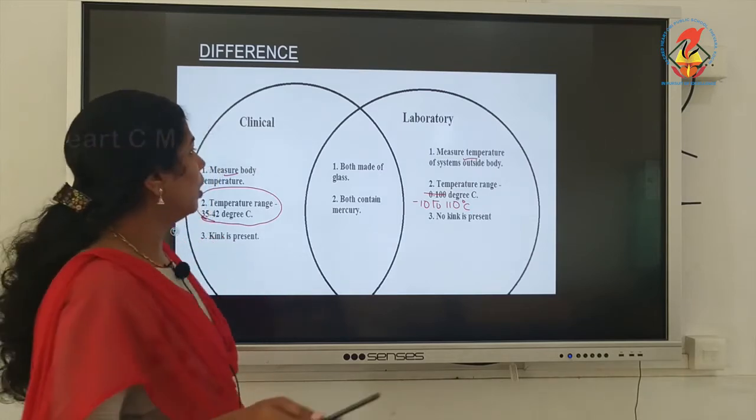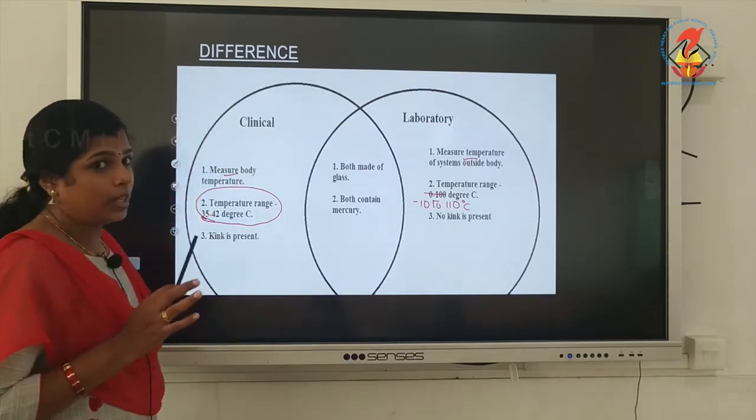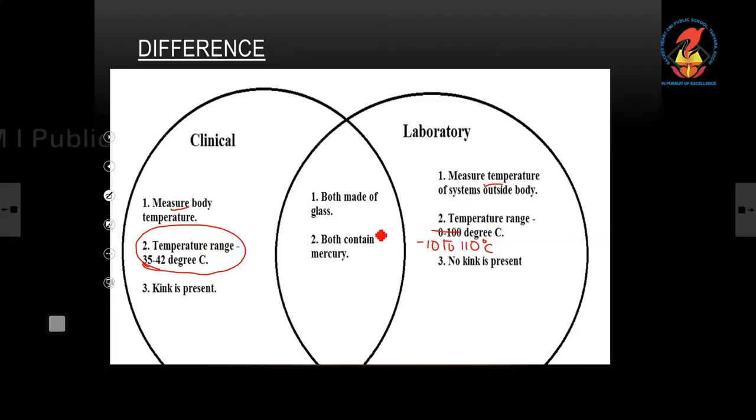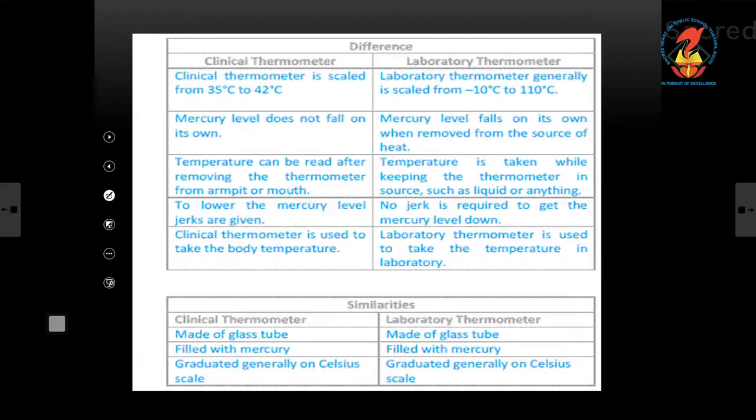Now, the similarity is that both of them contain mercury. That is the similarity of the clinical thermometer and the laboratory thermometer. Then here it's given in a tabular form. The first point we already discussed.